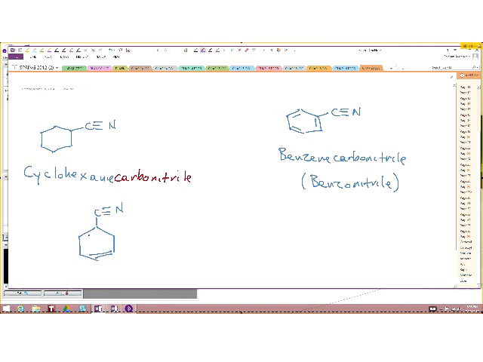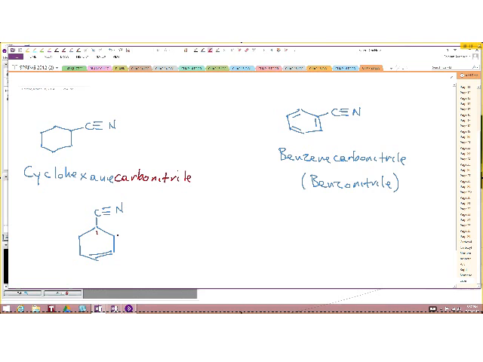The carbon of the ring system that is attached to the cyano group will become carbon number 1. And therefore, you want to number the rest of the ring so that you give this double bond as low a number as possible.